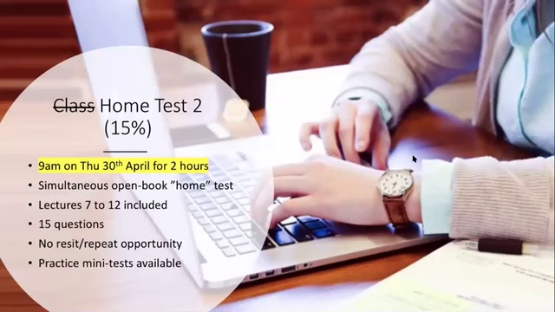Okay. People who have extra time will get extra time. When I say 2 hours, it doesn't mean it's a 2-hour test. It's still roughly a 45-minute test. The 2 hours is to give you enough time to log into Vital and take the test remotely.